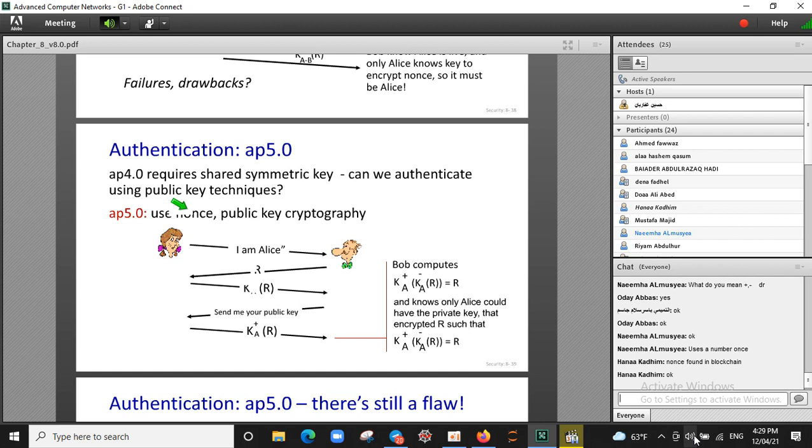So, when Bob sends the message R to Alice, he is using a nonce in his message.